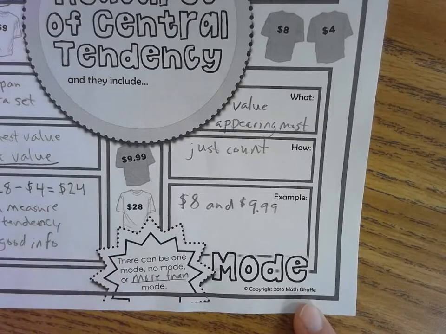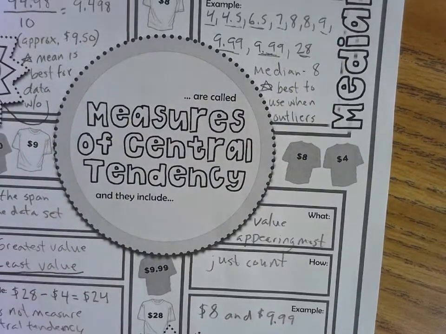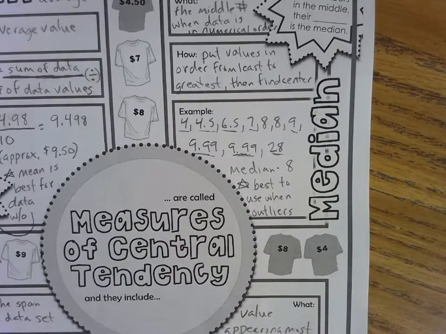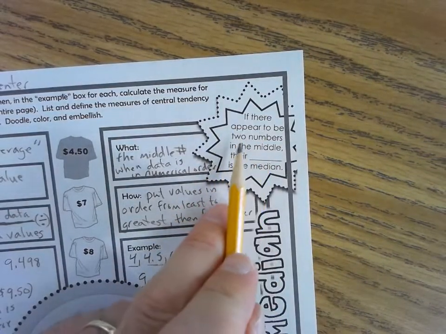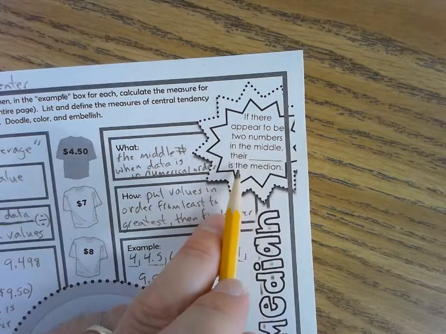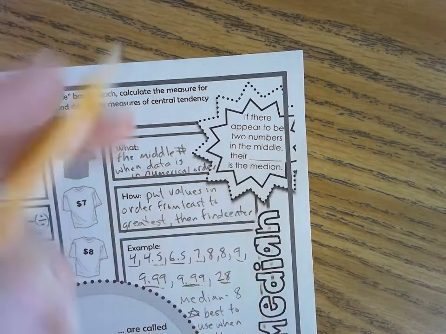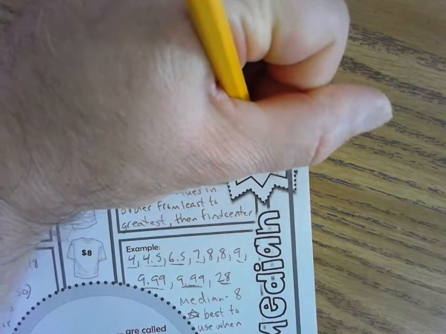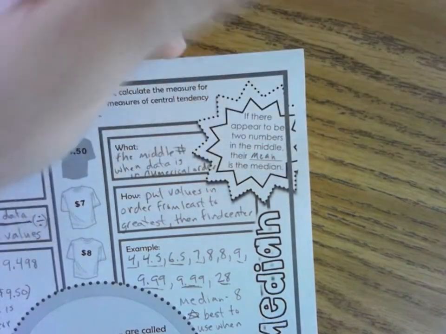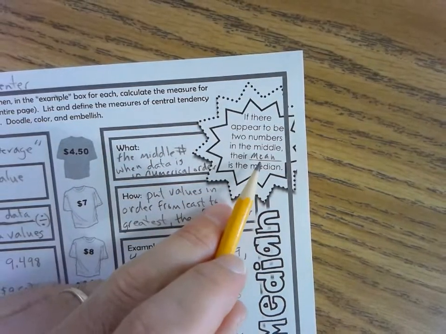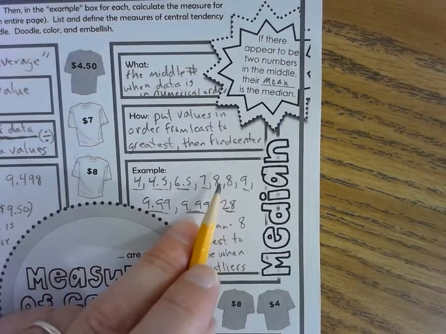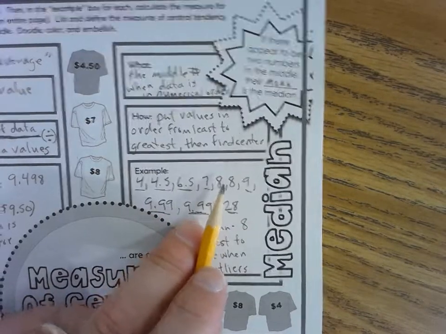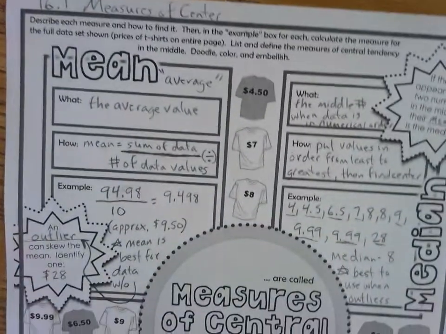Okay, so these are our measures of central tendency. Let's see here, up here in this one. If there appear to be two numbers in the middle, their mean or average is the median. That's when we added these 2 numbers together and we divided by 2. Okay, so those are measures of center.